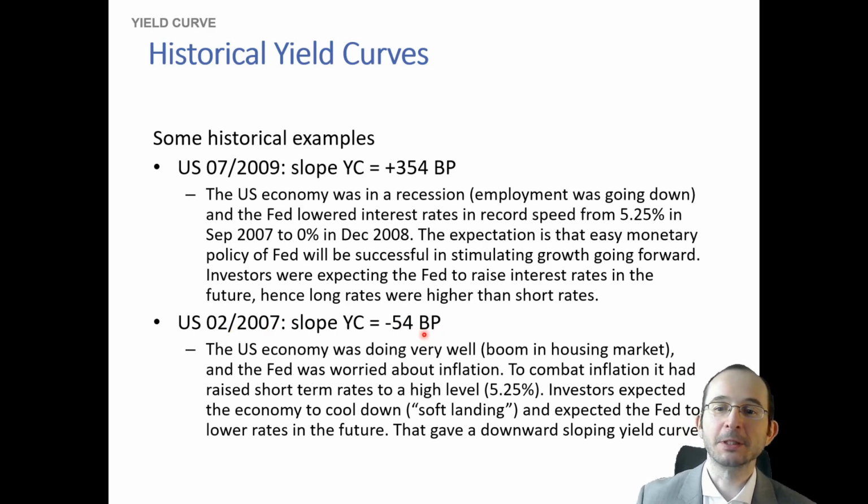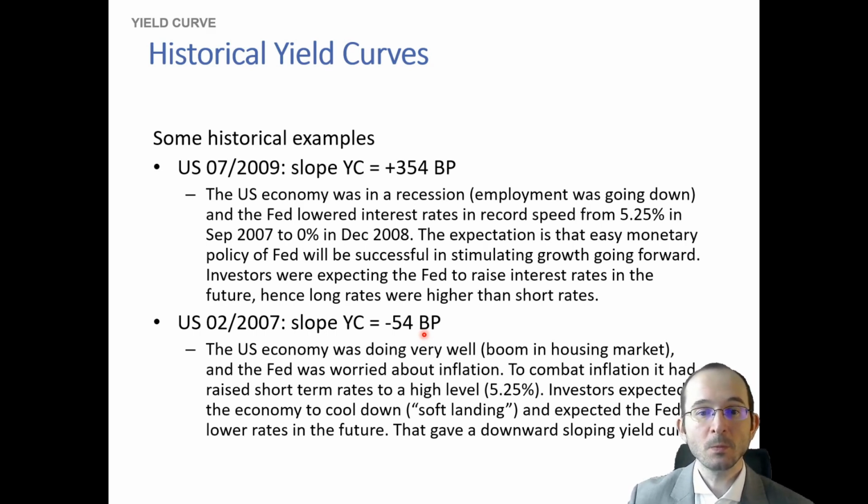Remember, a basis point is a hundredth of a percent, or you can think of it as 0.0001. So this means that the 10-year yield is actually below the 3-month yield. So why would this be, and what does that mean?